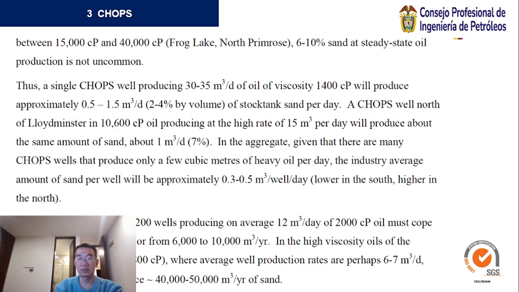In the highly viscous oil of the Lloydminster field, where average well production rates are perhaps 6 to 7 meters per day, 500 active wells will produce 40 to 50,000 meters per year of sand.